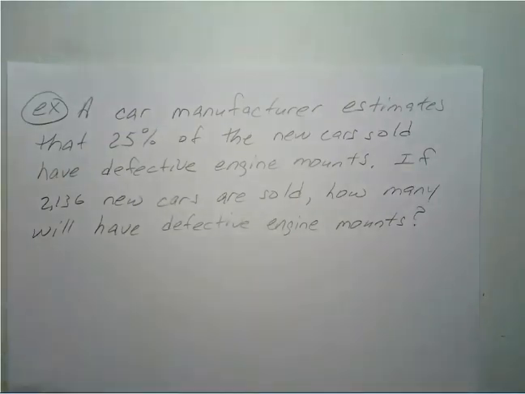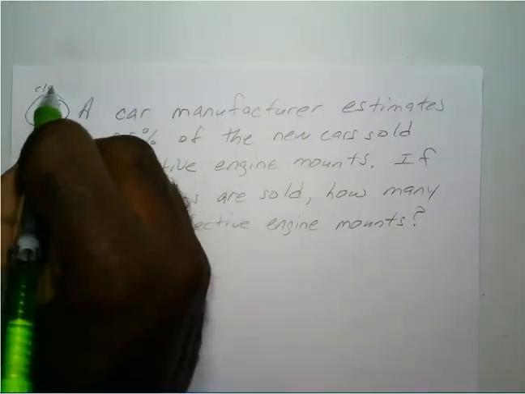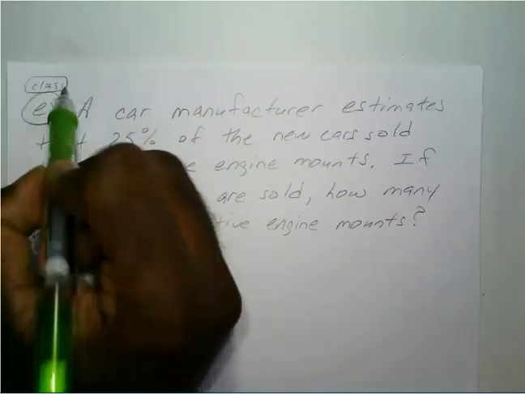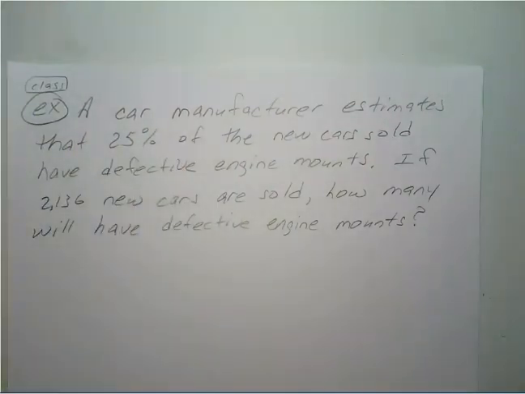All right, so once again, I want you to press pause and try to solve this one. All right, so since I used the proportion method on the previous one, I'm going to use the equation method on this one.